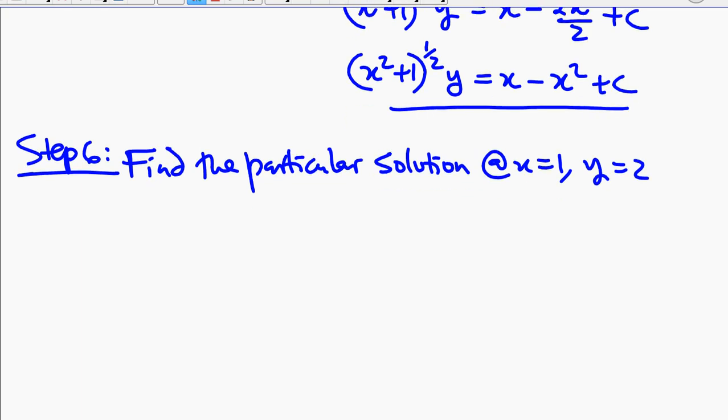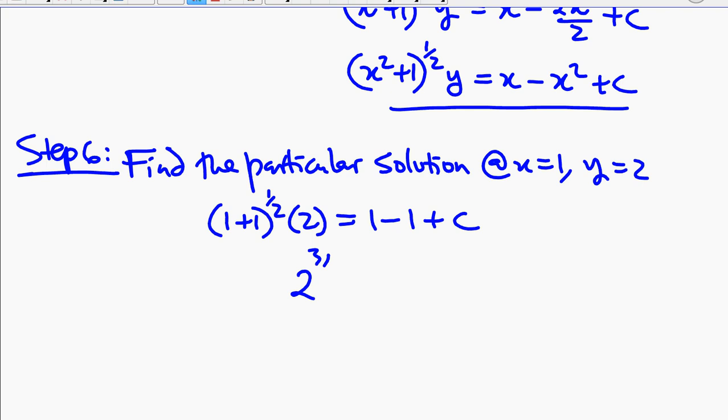So that will be 1 plus 1 to power a half multiplied by 2, which will be equal to 1 minus 1 plus c, and 2 to power 3 over 2 will be equal to c.